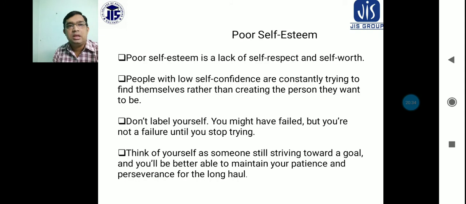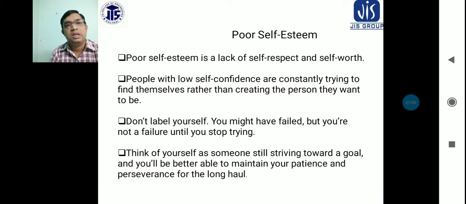Poor self-esteem is also considered here. Poor self-esteem is a lack of self-respect and self-worth. Many people consider that they have no value, which demotivates them. It is often found from the beginning of your life, from your parents, teachers, and friends, who may not have shown you enough respect.